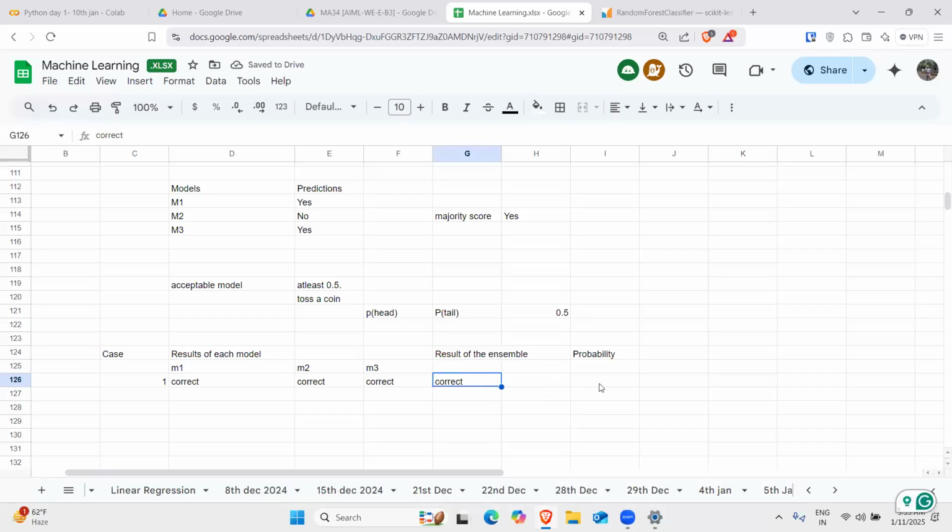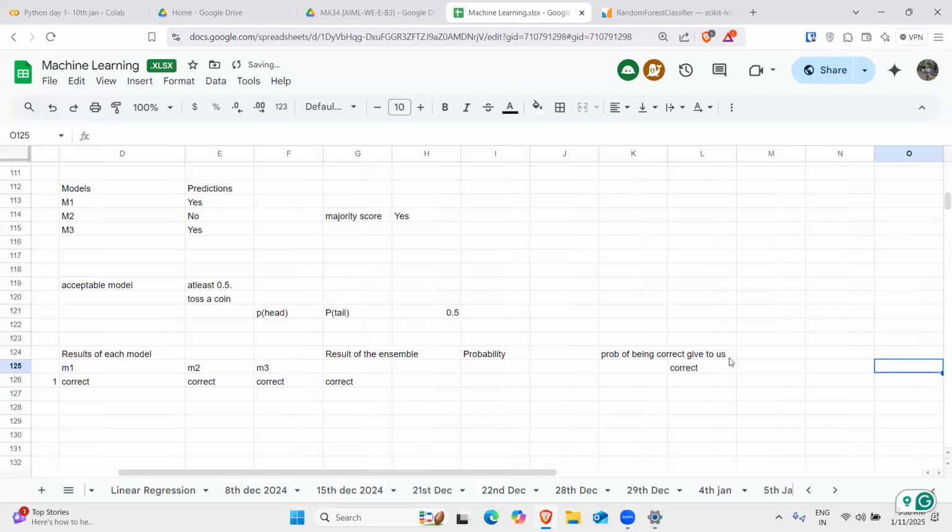And this time your probability is, let us say, just consider a scenario where you are dealing with a problem where you are classifying. So basically the probability of being correct is given to us, that is 0.7.